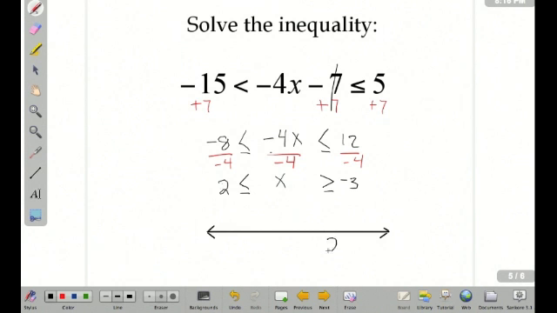I'm going to write my 2 on the right side because it's a positive, and the negative 3 on the left side. Both of them are solid dots. X is greater than negative 3, so it runs in this direction. X is less than 2, so it runs in this direction.